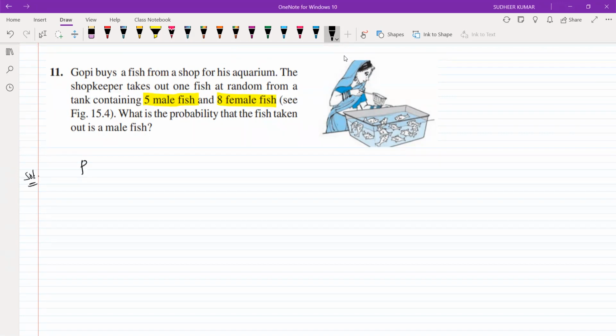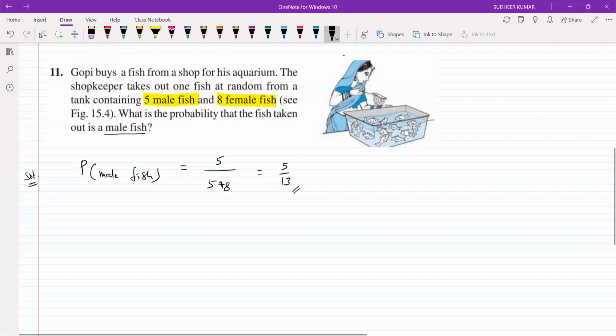Probability of getting a male fish: number of favorable outcomes, 5 male fish, by total possibilities, 5 plus 8, which is 13. So 5 by 13. That's it.